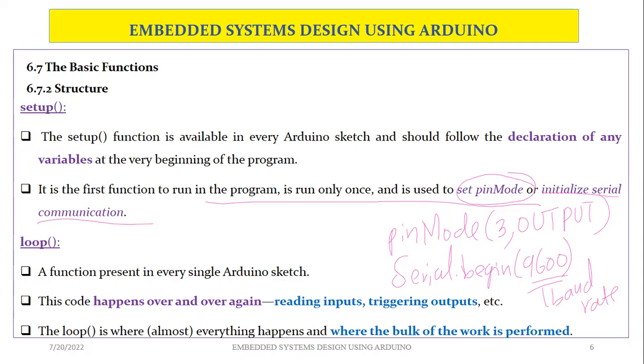So the loop function is the body of the Arduino-based program, and that is always present in any given Arduino sketch. We've said that this part of the code will be run over and over again. This part of the program is usually used for reading inputs, analog and digital.